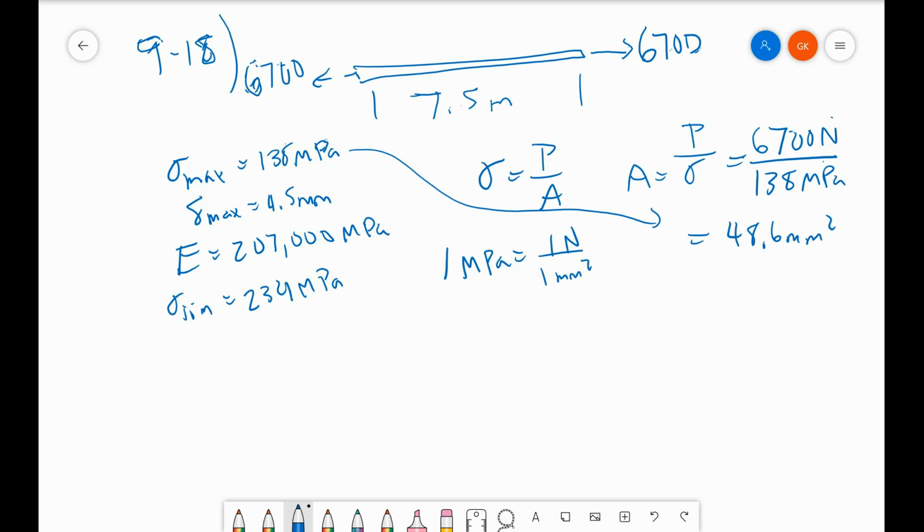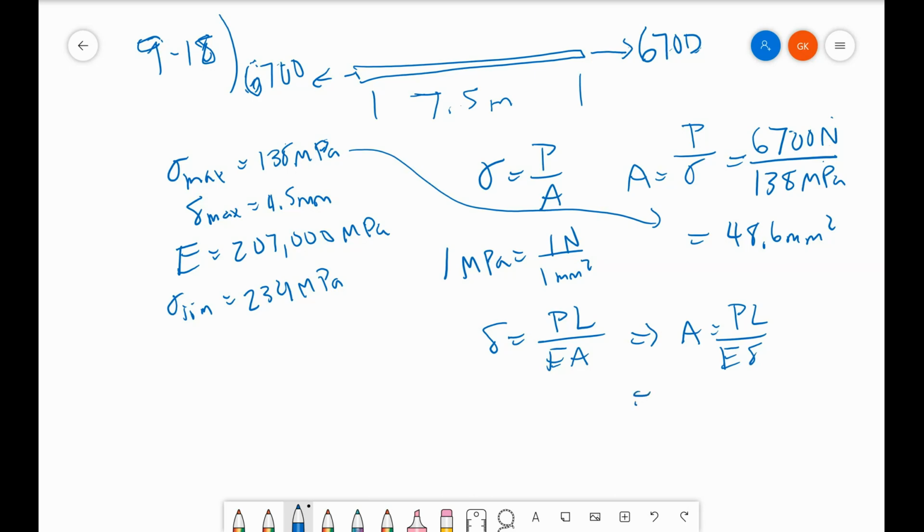However, we have a second way of looking at this. We can also use our elongation equation. So delta is equal to the load times length over the modulus of elasticity times the area. And we can solve to get that the area is equal to the load times length over E times delta. And so let's see what this area comes out to be.